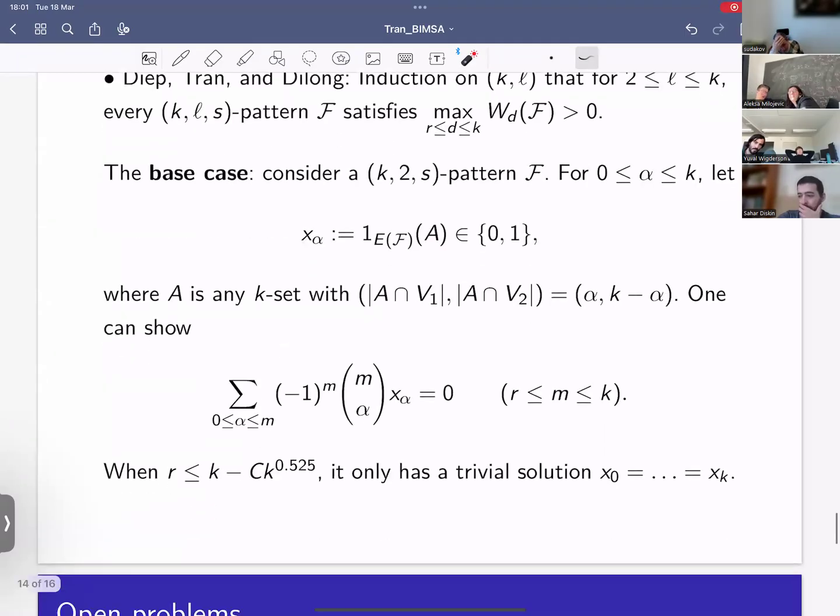We record whether the k-set with alpha elements in the first part and k minus alpha elements in the second part of F is an edge of the pattern F or not. And because of the definition of a pattern, this does not depend on the choice of A at all.